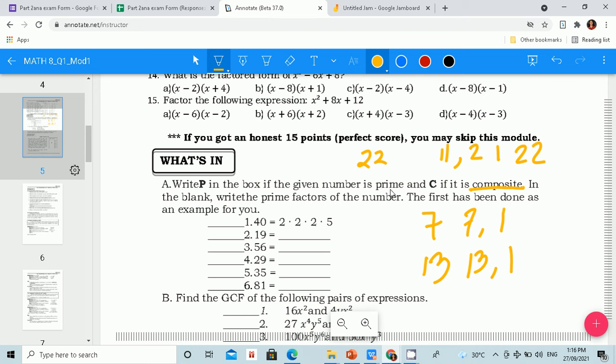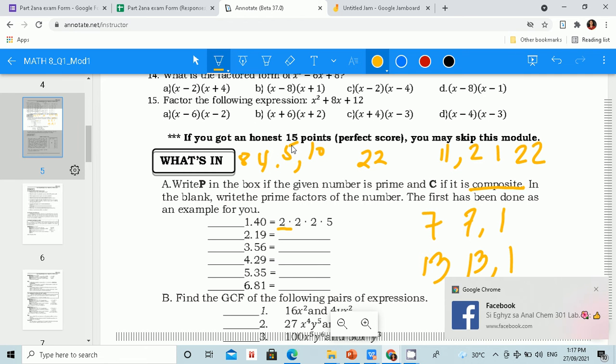What else? For example, 40. Is 40 a prime number? No, it is composite because look, we have 8. We can divide 40 by 8, by 4, by 5, by 10. So there are lots of numbers that can be used to divide 40. So that is composite.